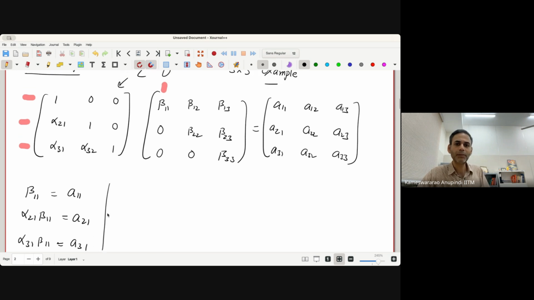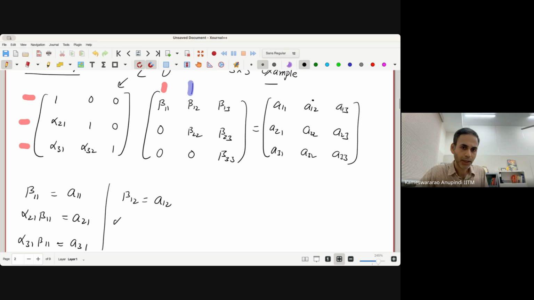Similarly, let me multiply all three rows with the second column. The first row gives beta 1,2 equals A 1,2.